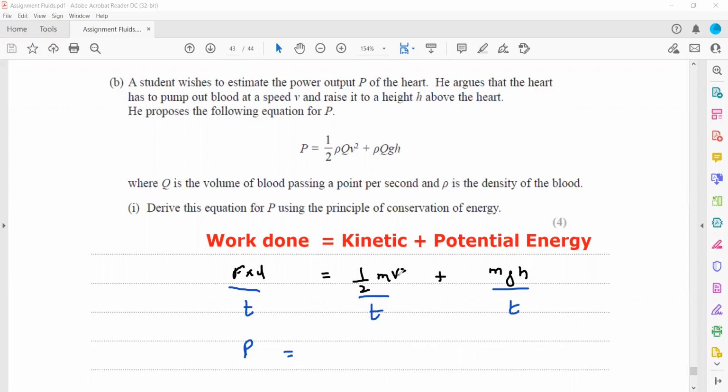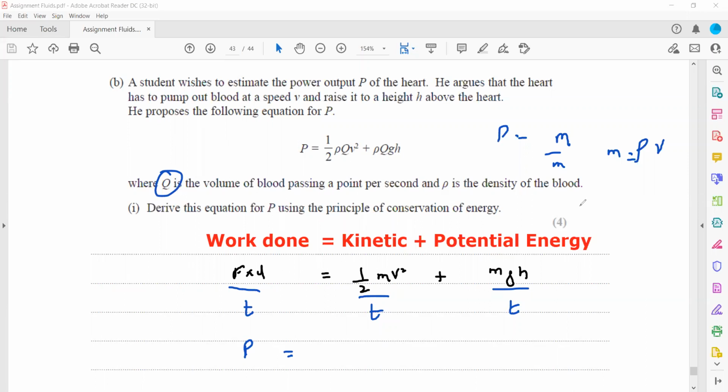Now in half mv squared, what is m here? As you can see, m can be modified. Density is mass over volume, so mass will be density times volume. And they mention here that Q is the volume passing per second.